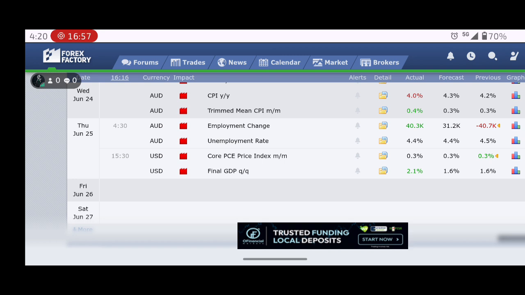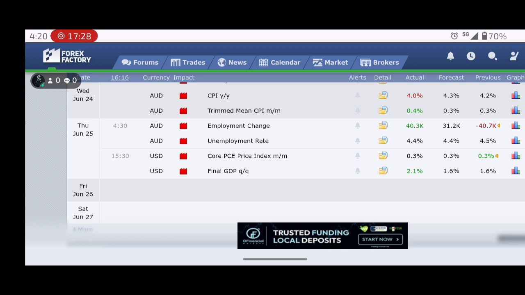Let's say on Thursday the USD, on the core PCE price index we had 0.3%, and the forecast we had 0.3. And on the actual, what the news made is that it still made 0.3, meaning the market won't be affected.